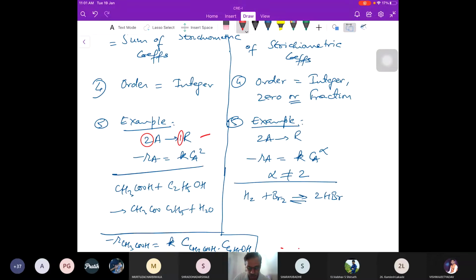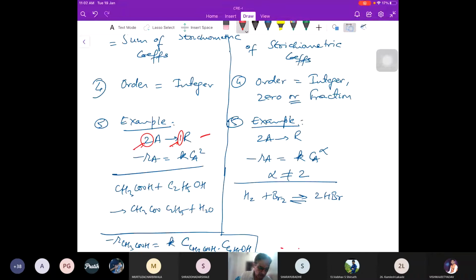Stoichiometric coefficient is 2 for A and 1 for R. So when you write a reaction, the coefficient or the number of molecules which are reacting of each compound is stoichiometric coefficient. PC में पढ़ा था आप लोगों को मैंने. Right? So in this case, 2 is the stoichiometric coefficient for A and 1 is the stoichiometric coefficient for R.